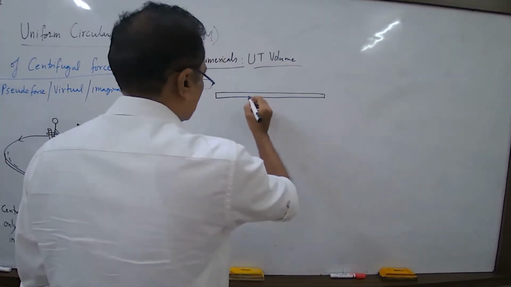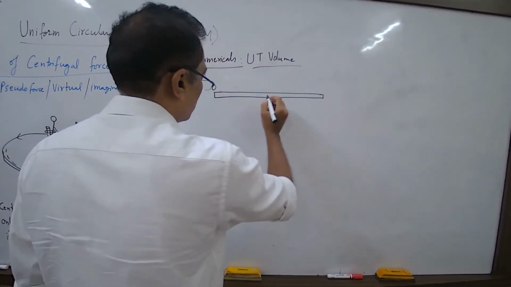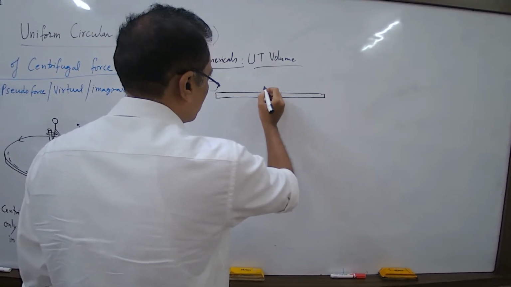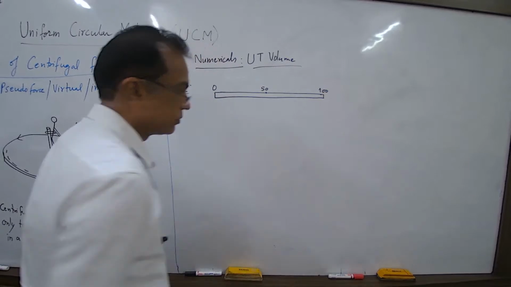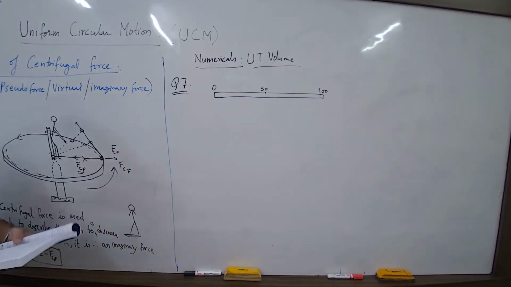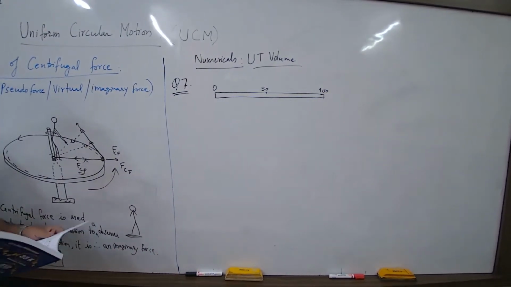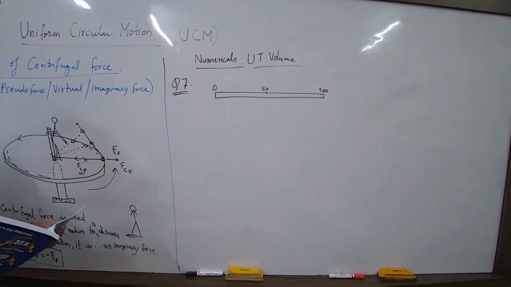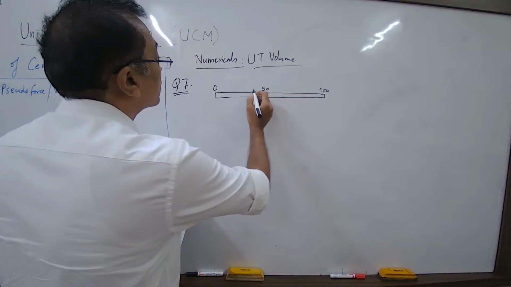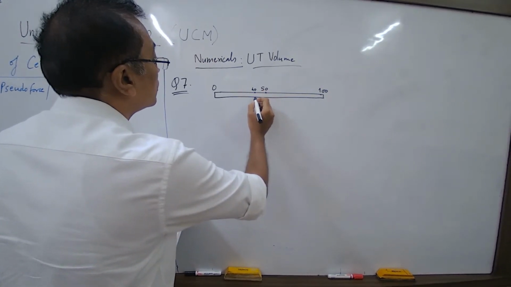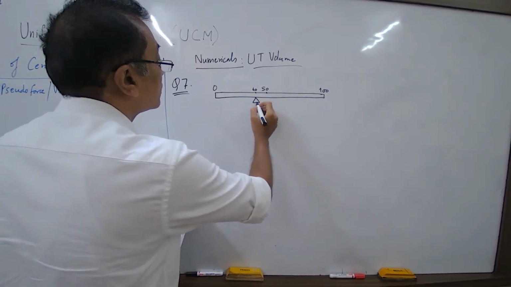Whenever there is a meter rule problem, the first thing you do is mark 0, 50 and 100. Then it is written that it is balanced at 40 centimeters. So 40 would be somewhere here. This is where it is balanced.